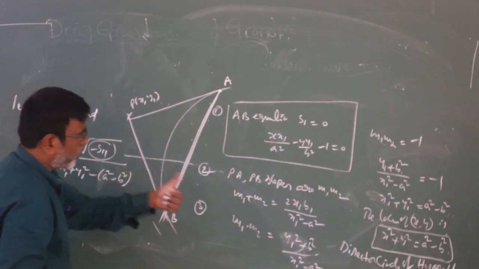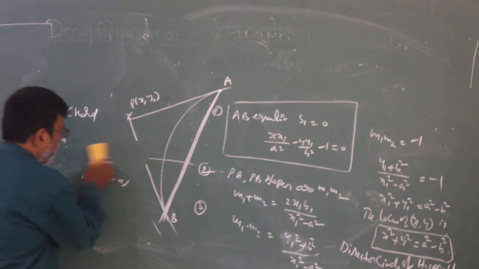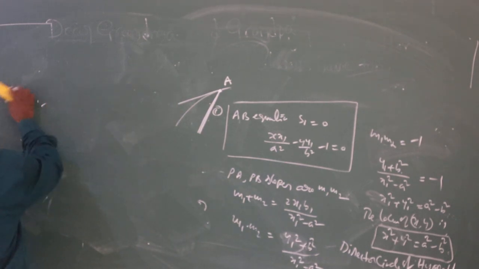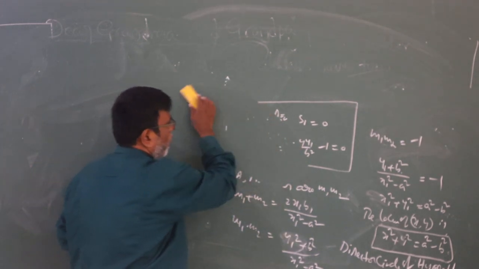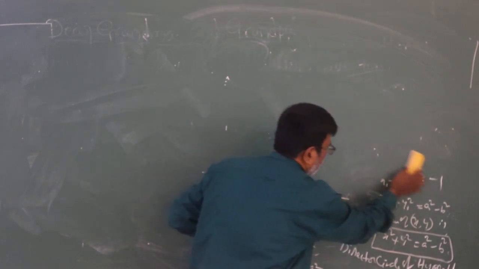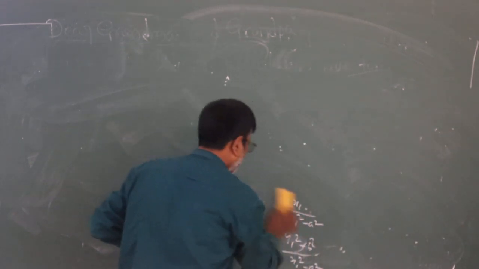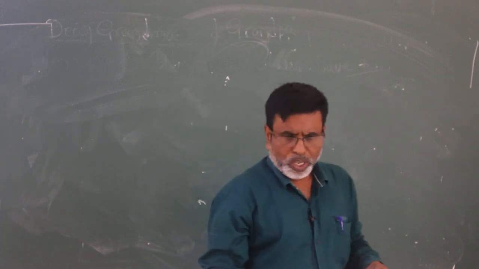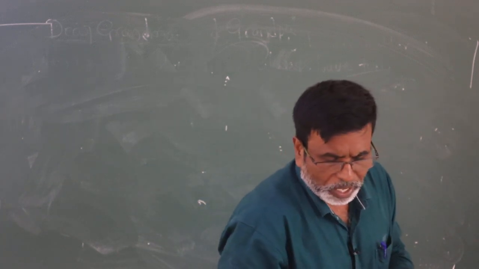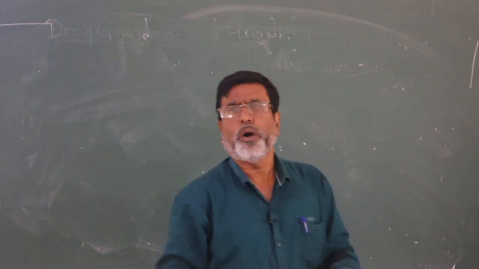Now, we know the director circle. Let me explain one more concept of the hyperbola: the parametric form. What is meant by parametric form?